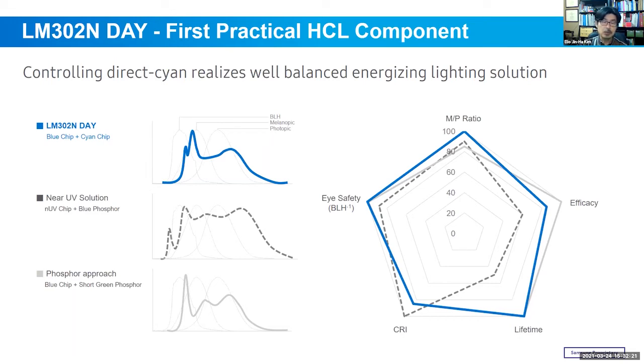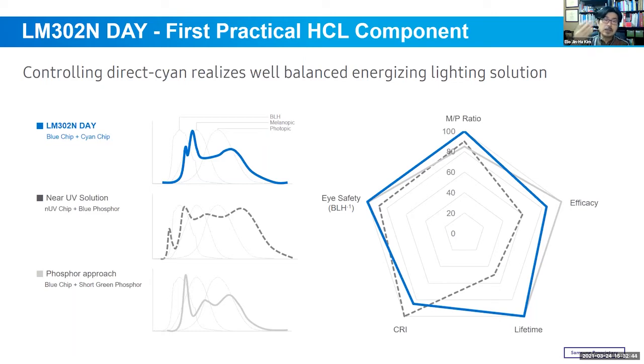Okay, so LM302ND has the best balance between the MP ratio and efficacy and all the other metrics. By having the highest cyan peak, as you see in the spectrum, we can deliver the highest MP ratio compared to any other solutions available currently.